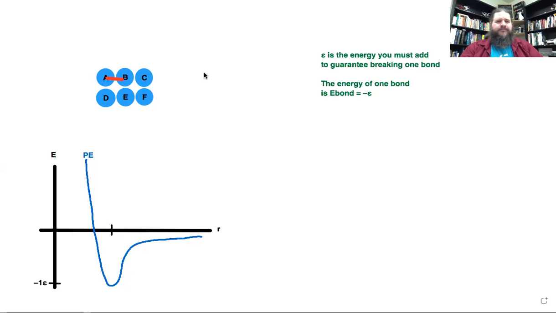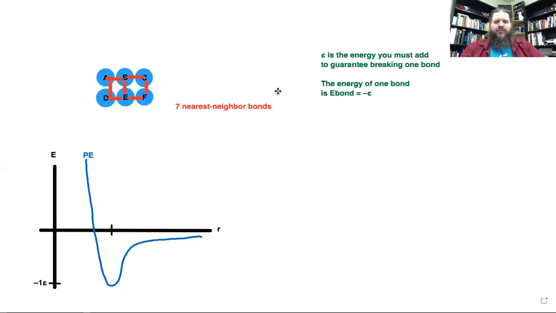And if we just tally all these up, we've got AB, BC, DE, EF, AD, BE, CF. So it looks like that's 7. We would usually call these the nearest neighbor bonds: 7 nearest neighbor bonds.